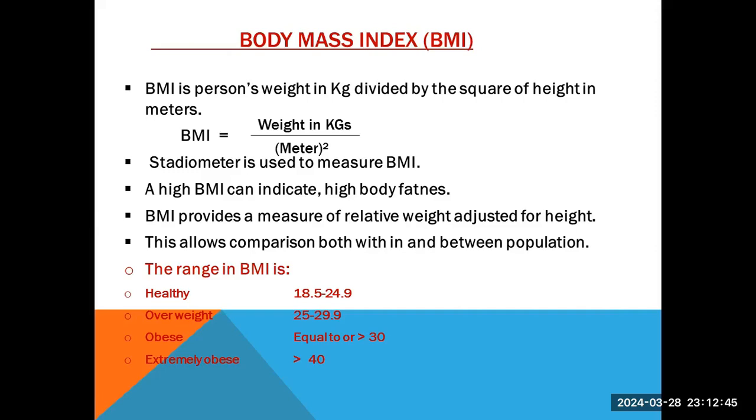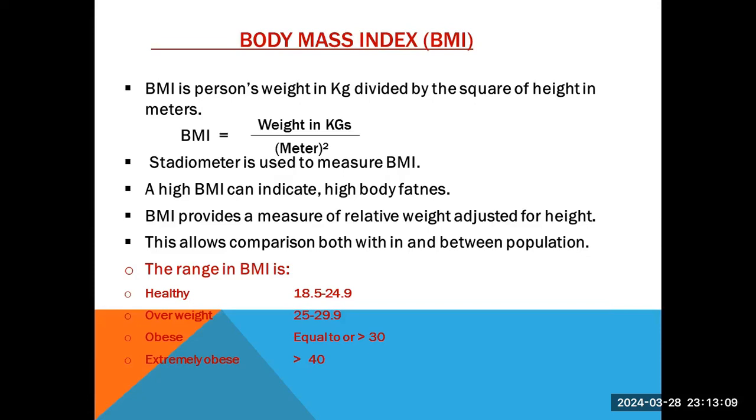For example, if we get the BMI value from 18.5 to 24.9, that is the indication of a healthy person. But if we get values below 18.5, then it means the person is lean, is not healthy.